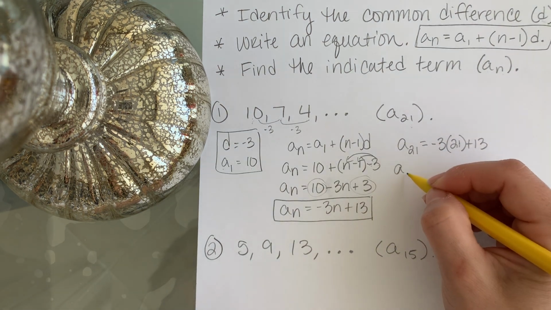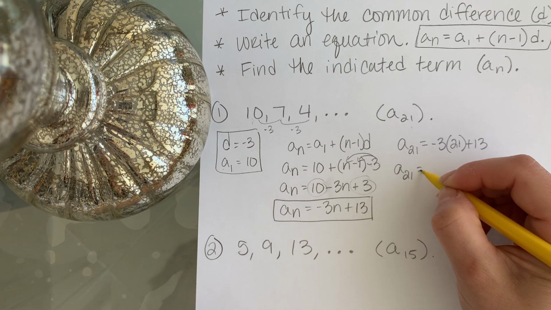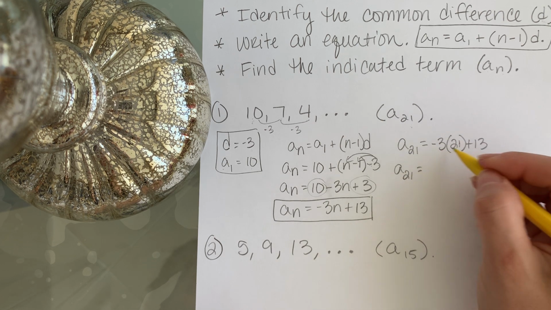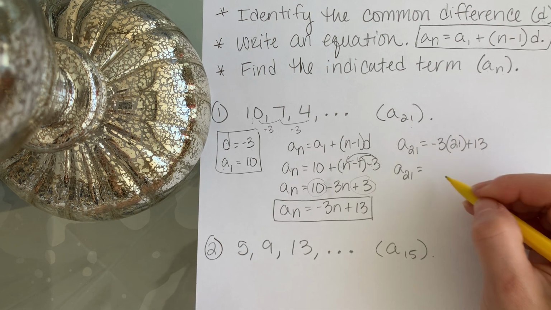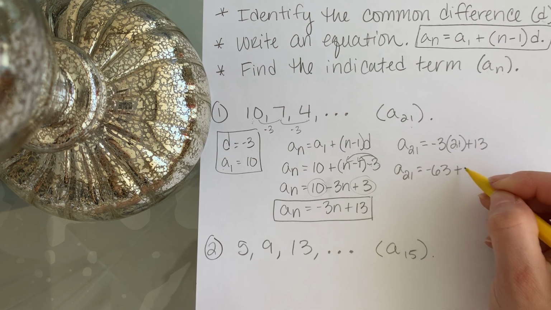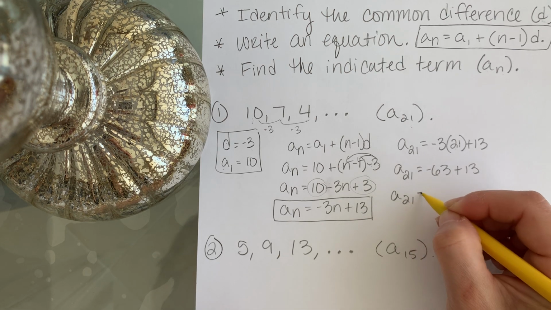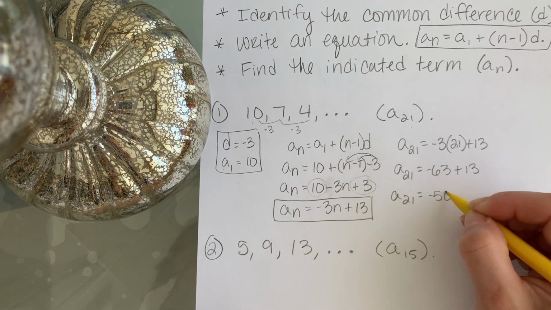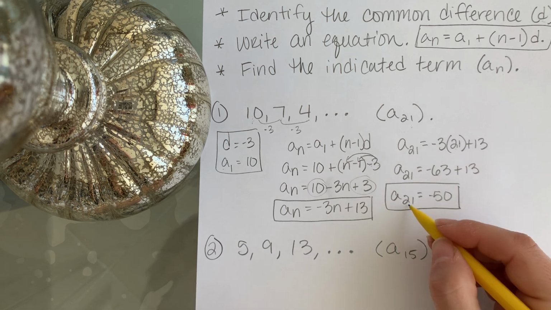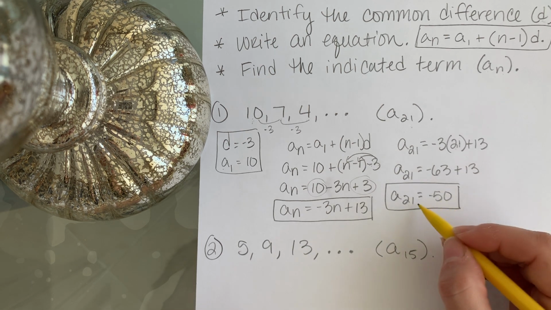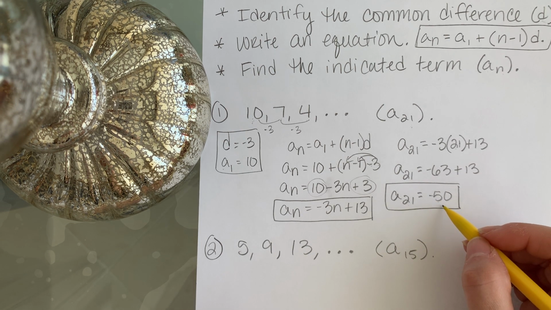So now a sub 21 equals, what's -3 times 21? -63 plus 13. a sub 21 equals -50.